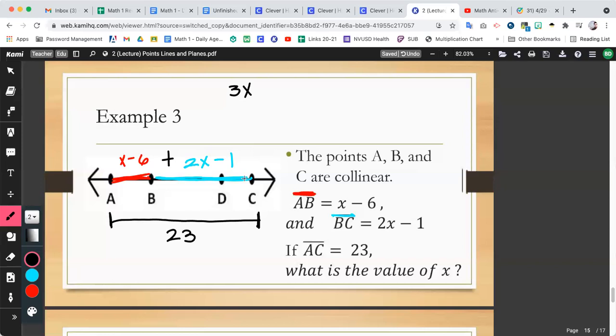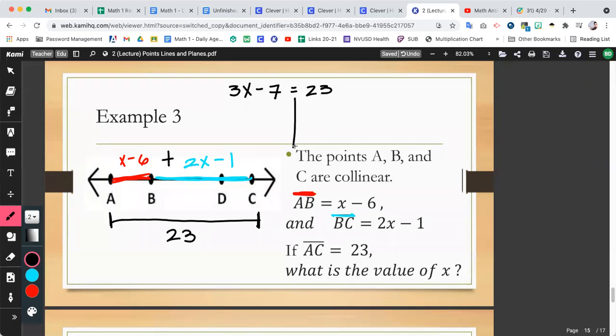What does that make? Is it positive or negative? Negative. -7. Thank you. Very good. Now this is equal to what? 23, very good.